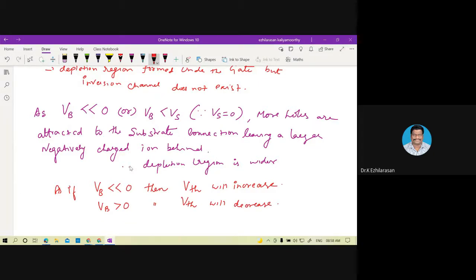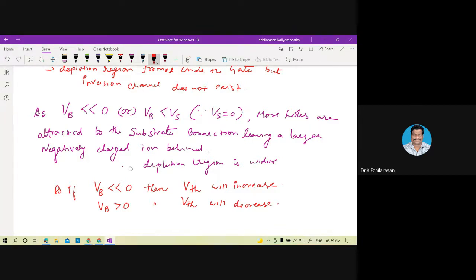Normally, in your MOSFET, the threshold voltage will be set by the manufacturer through the doping concentrations. Due to this bulk voltage, the threshold voltage will get affected. The threshold voltage is a function of the total charge in the depletion region.